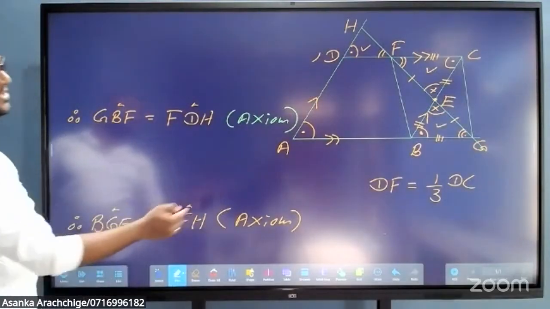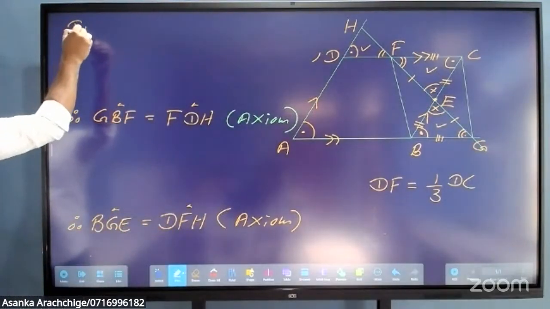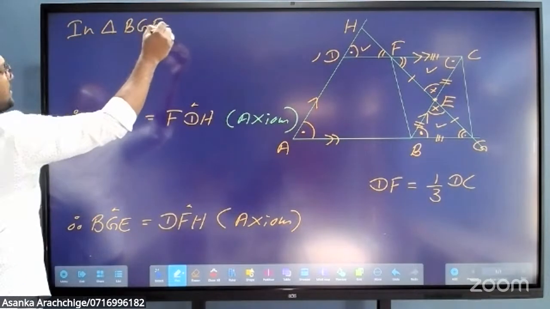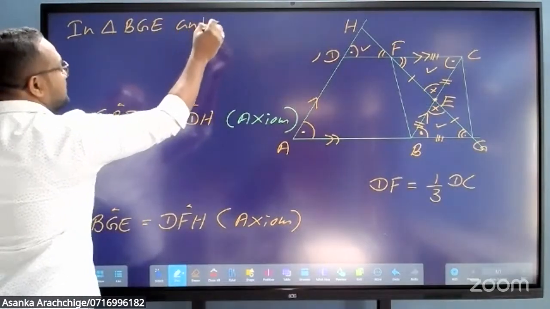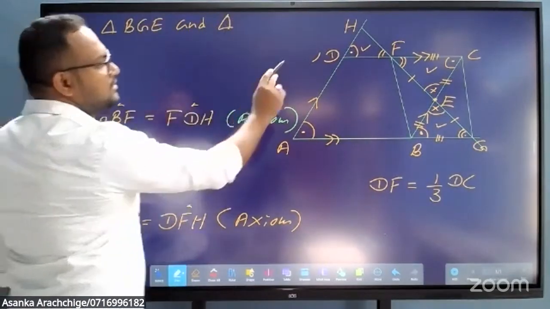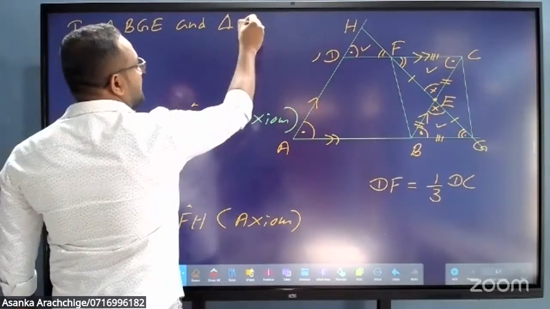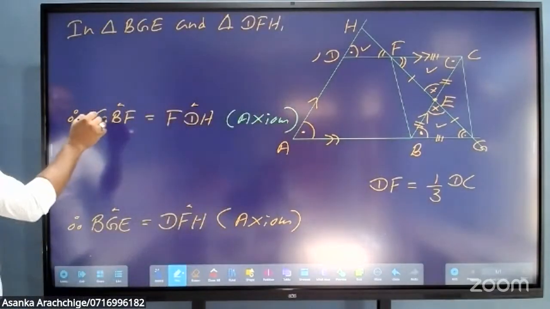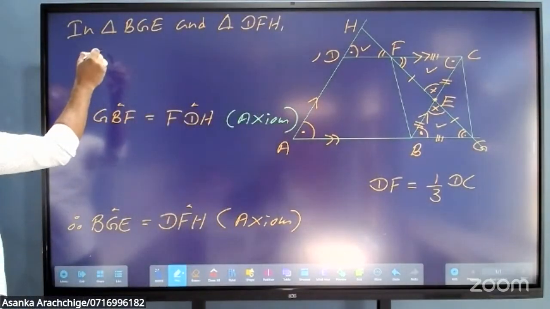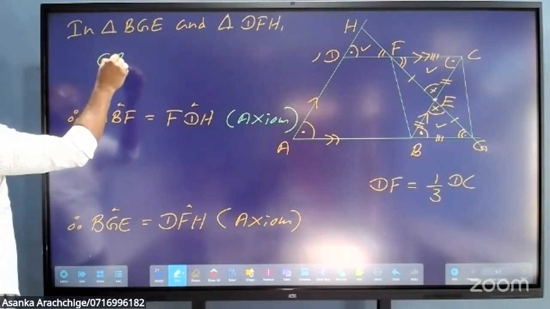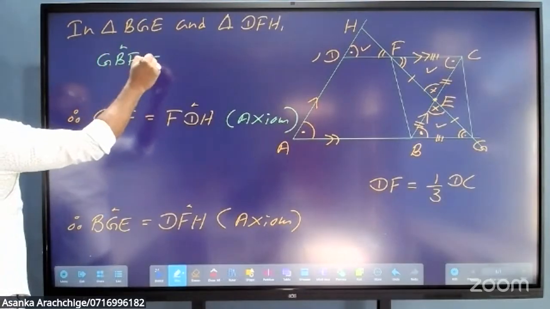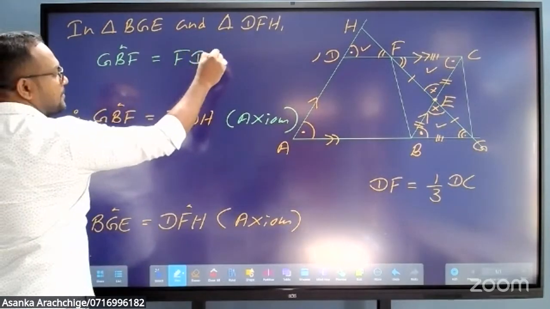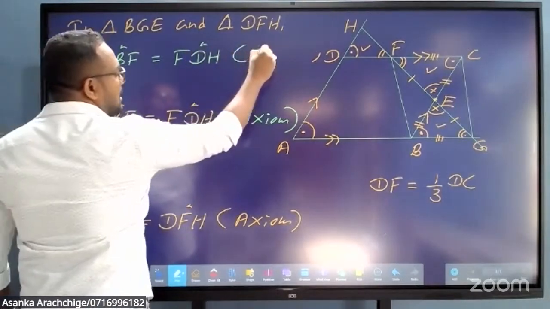In triangle BGE and triangle DFH, write this one first: angle GBF is equal to FDH. Proven. It has been proven.